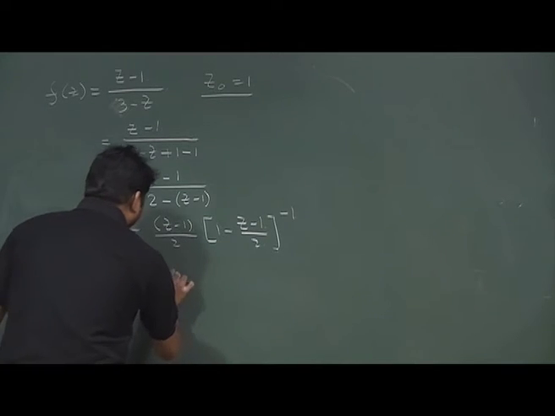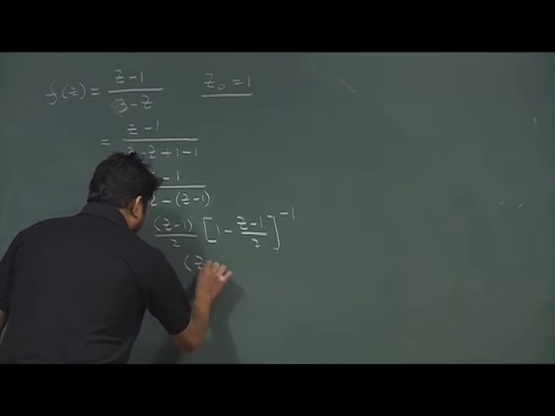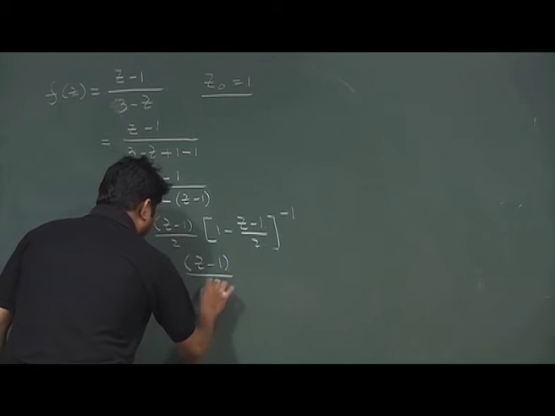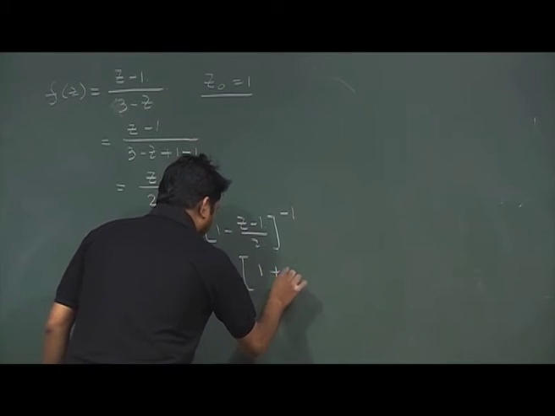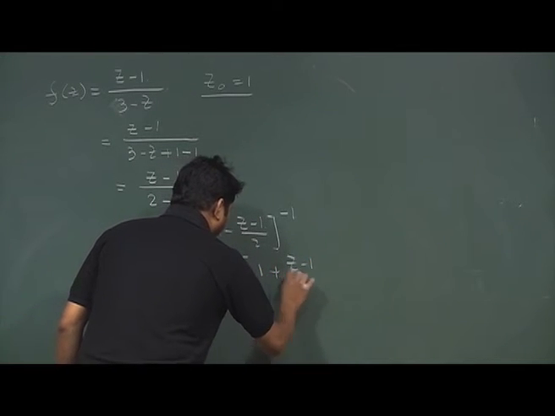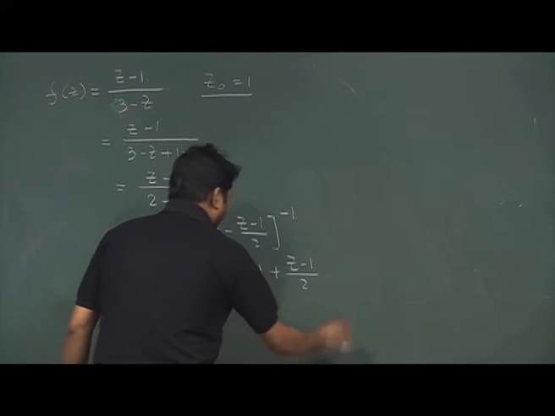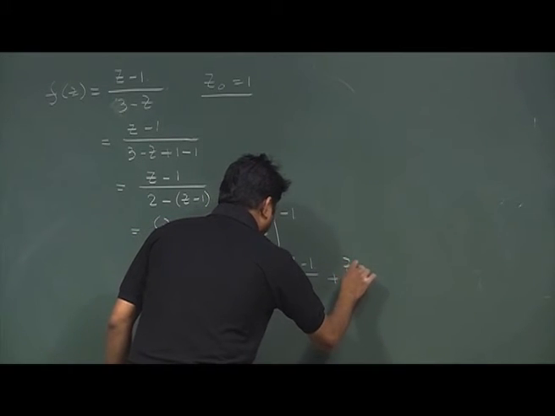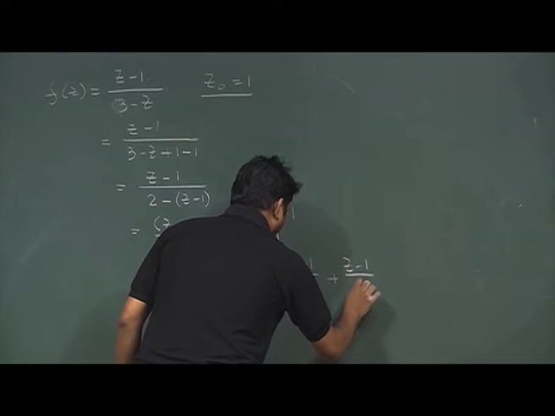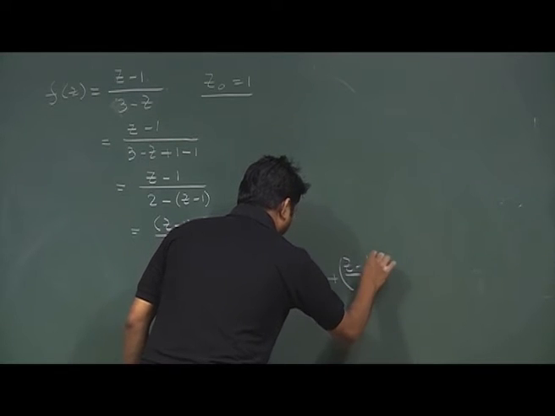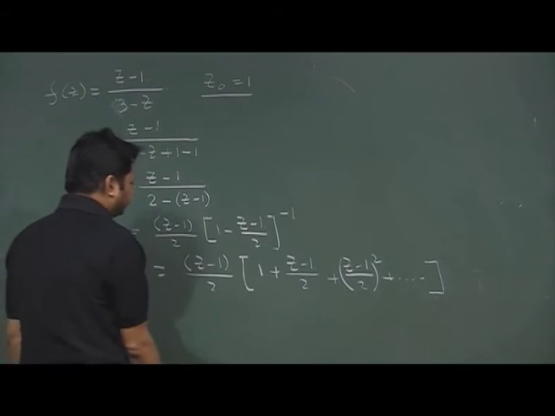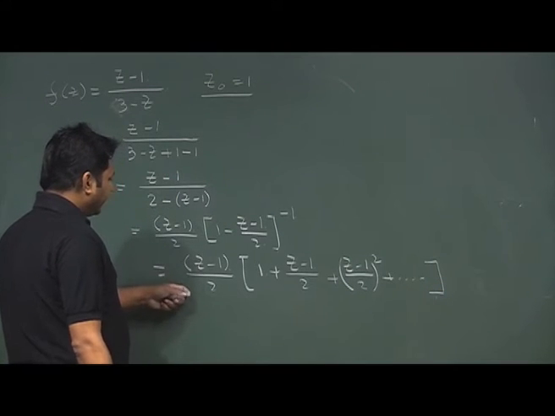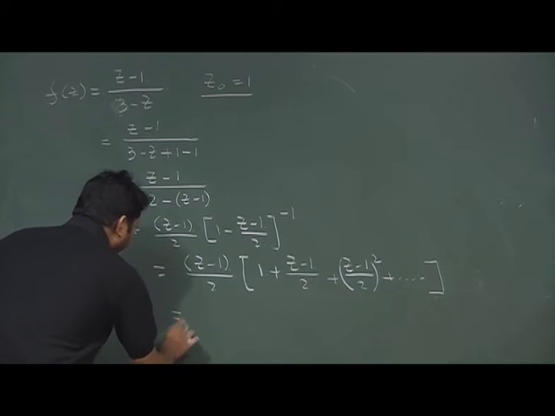Now, I will expand this (z minus 1) by 2: 1 plus (z minus 1) by 2 plus (z minus 1) by 2 whole square, and so on. So, the expression I already have.